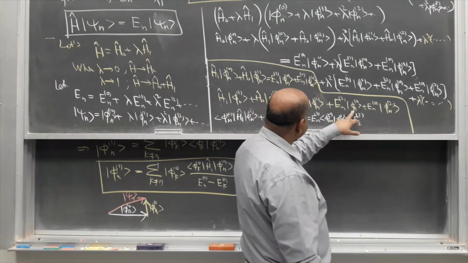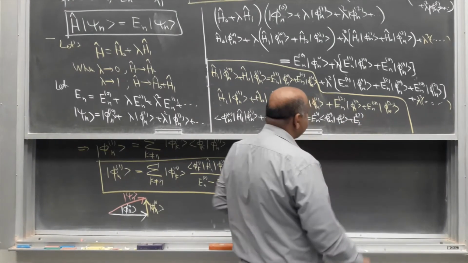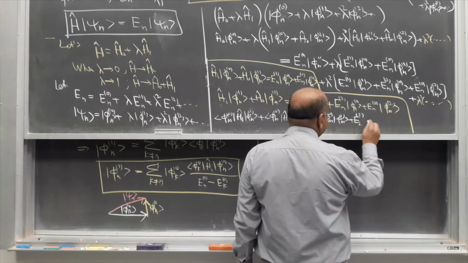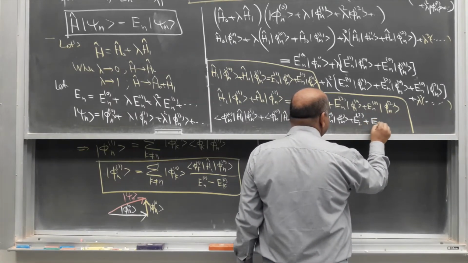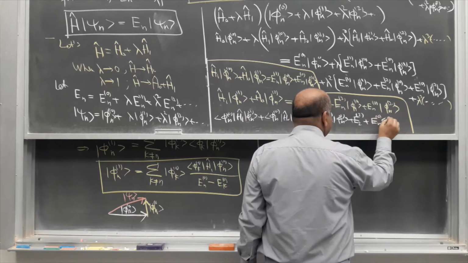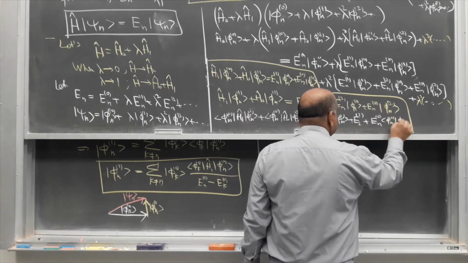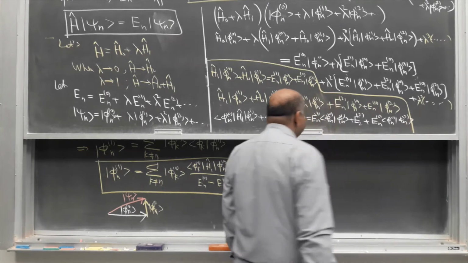When phi n0 comes here, this will be 1, so I'm not writing it. And I will have an additional term en0 phi n0 phi n2.